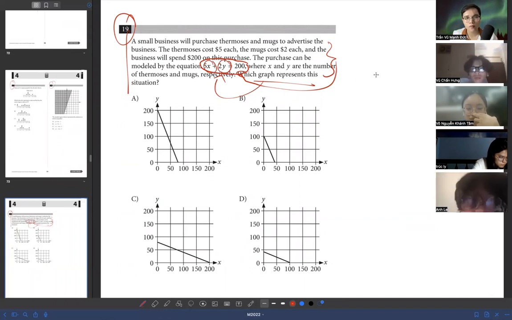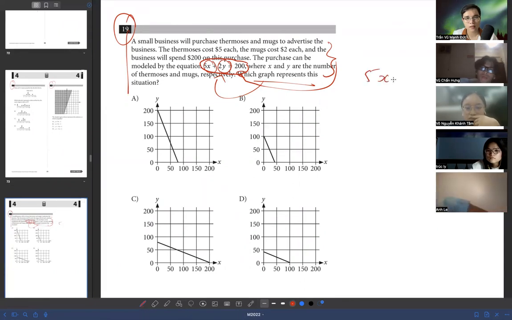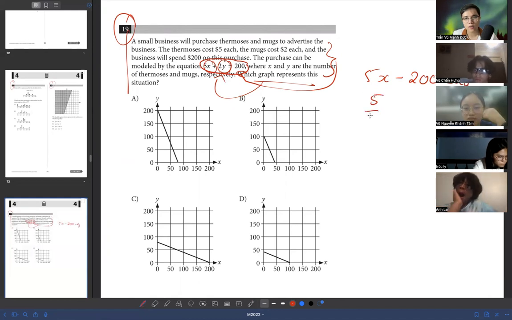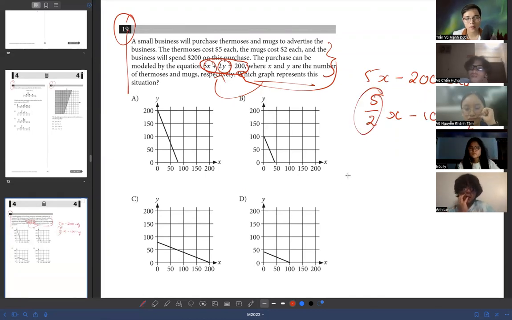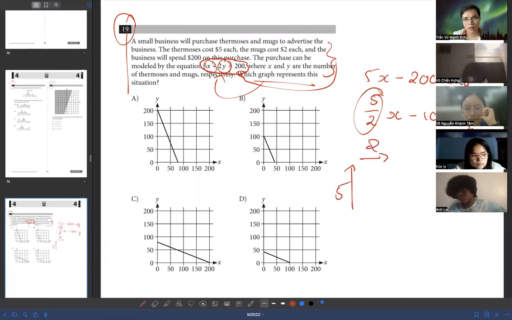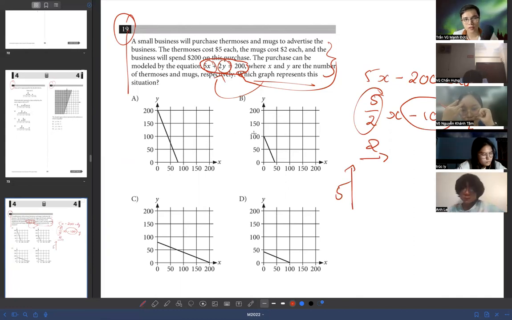Well, you just move y to one side and x to the other, and you have 5x minus 200 equals 2y, and it is 5 over 2 x minus 100 equals y, and you have this slope: rise 5 over run 2, and the beginning point is minus 100. So you just have B.